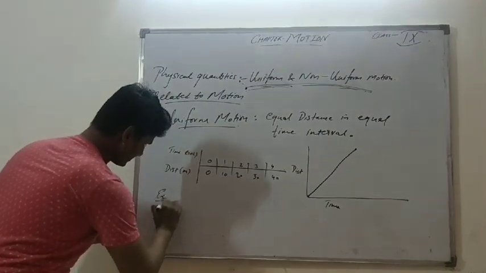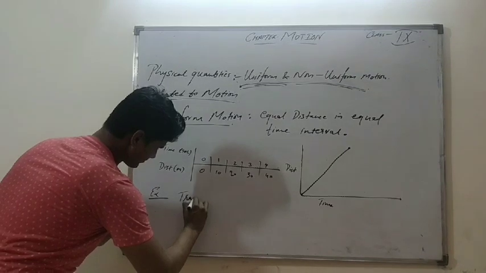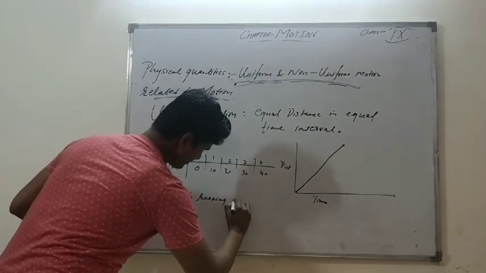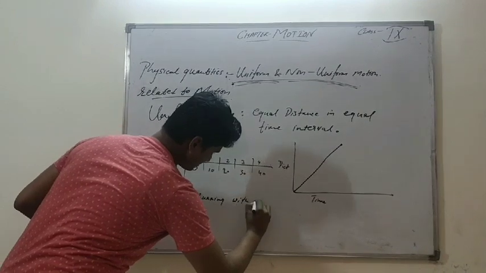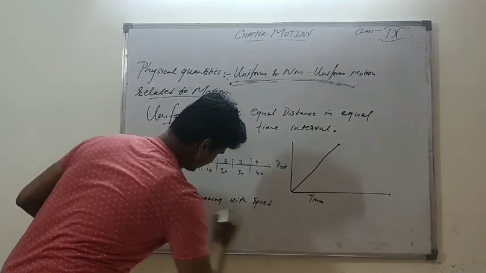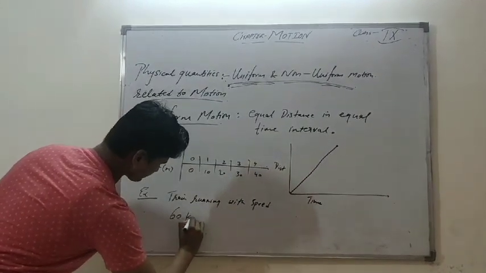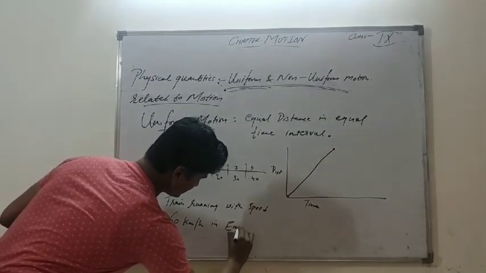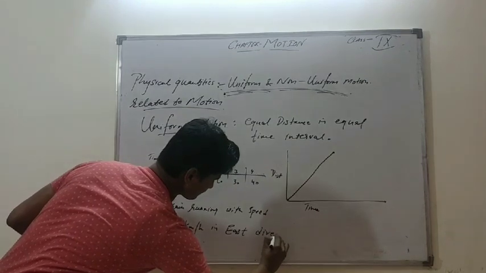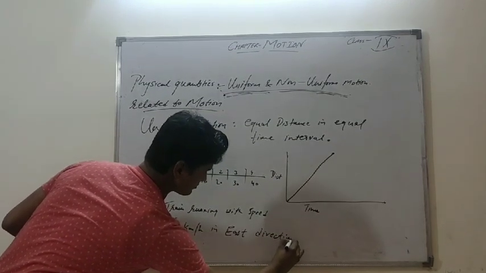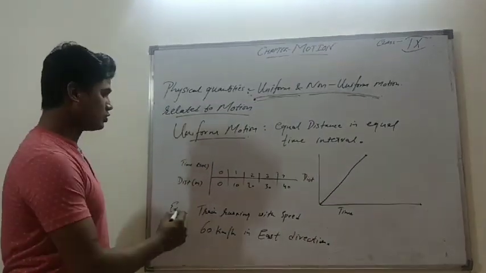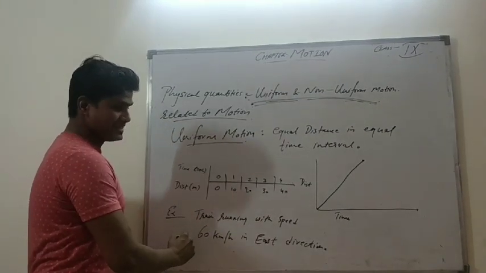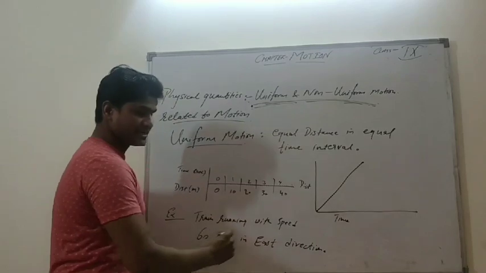Example, a train running with a speed of 60 km per hour in each direction. So we can say that in uniform motion, the object always travels in a straight path or straight line.